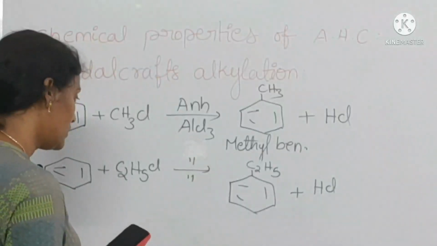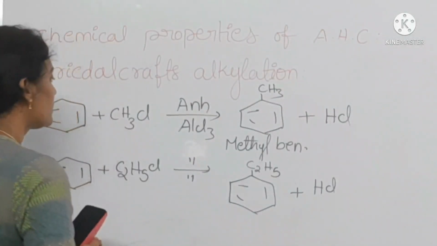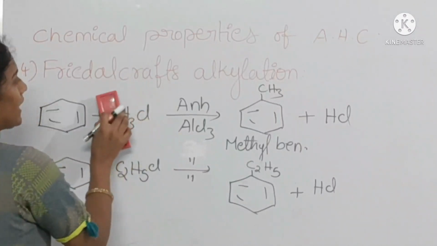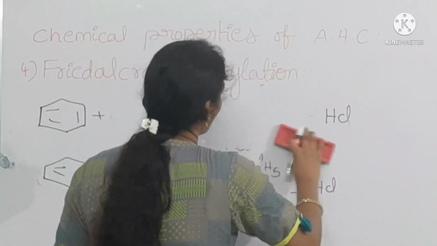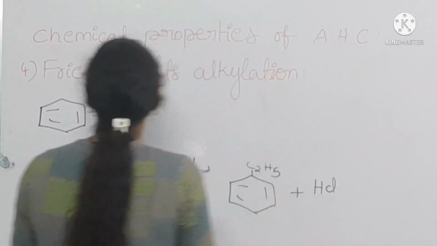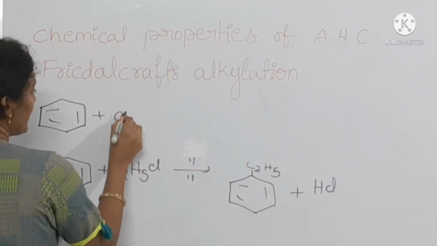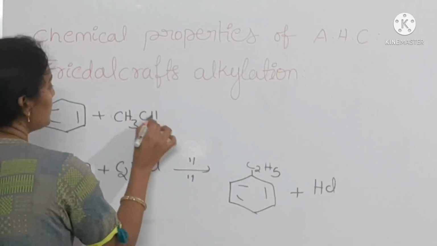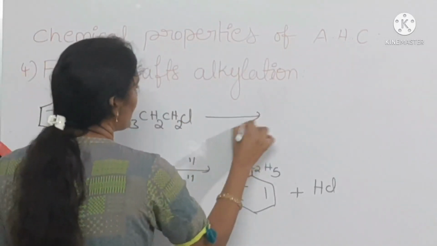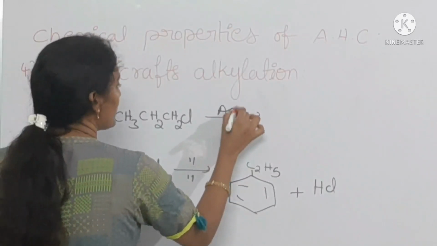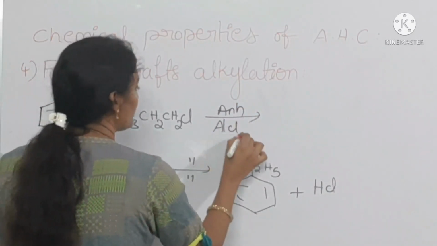If n-propyl halide reacts with benzene, what is the product? Just observe once. This CH3CH2CH2Cl is the n-propyl halide, with anhydrous AlCl3.